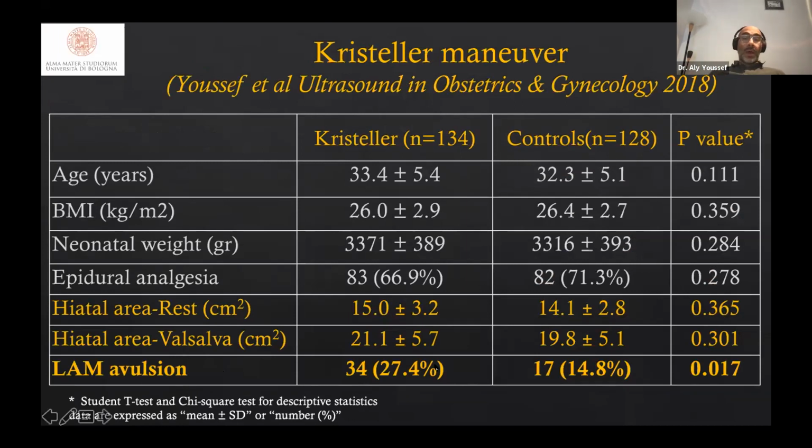This holds even when correcting for other confounding factors like epidural analgesia, fetal weight, and the duration of the second stage. So the Kristeller maneuver is an independent risk factor for levator ani avulsion.